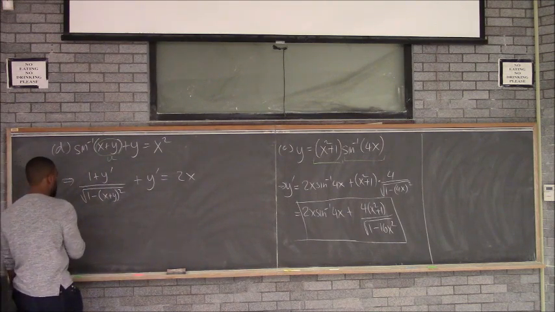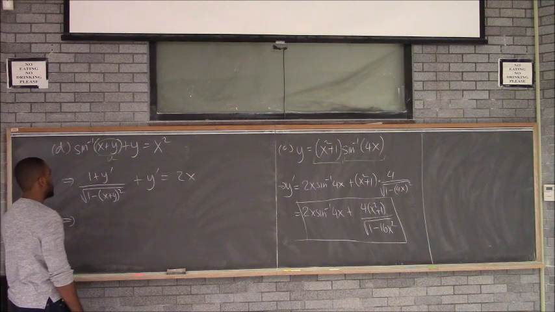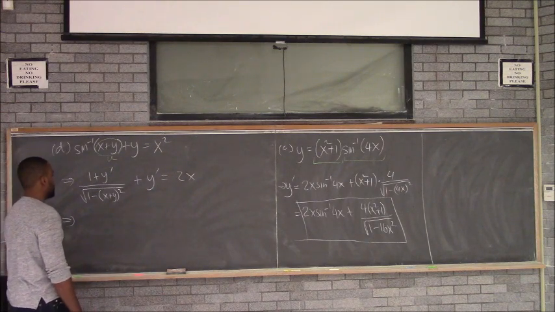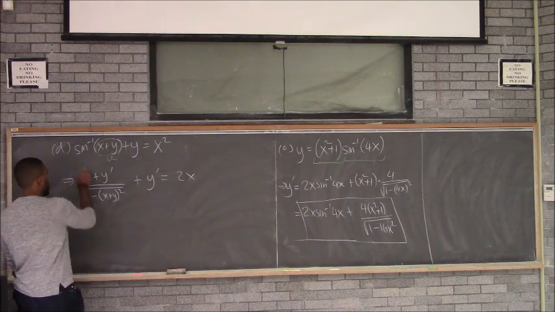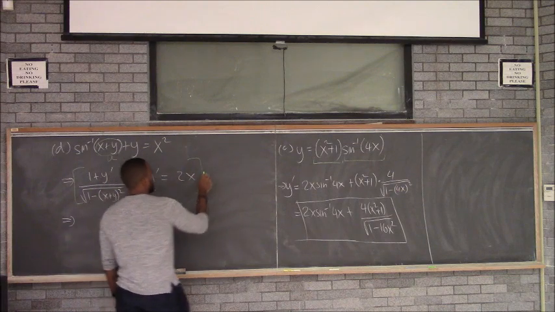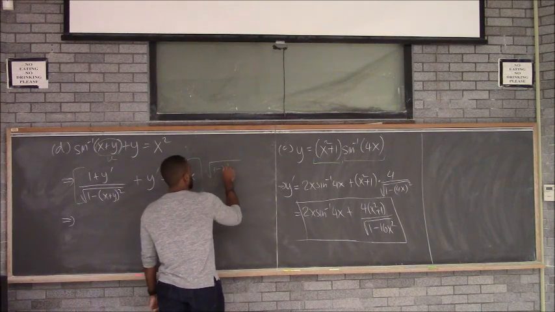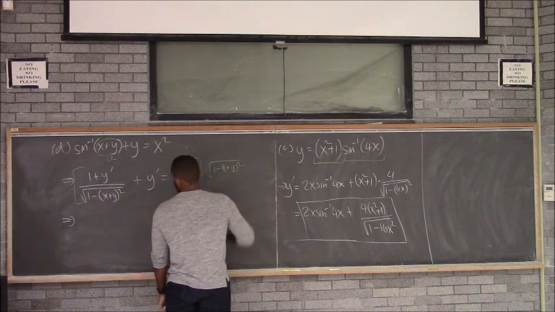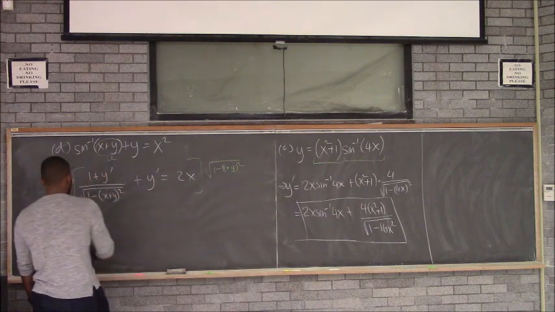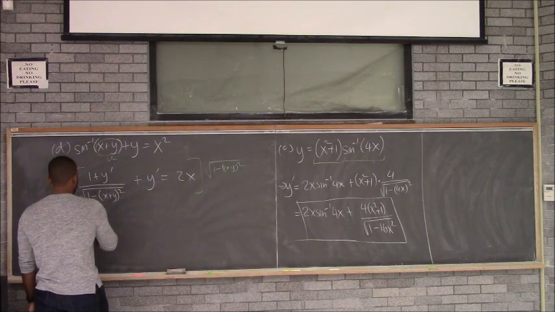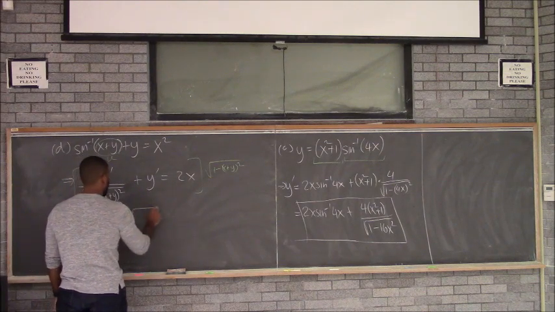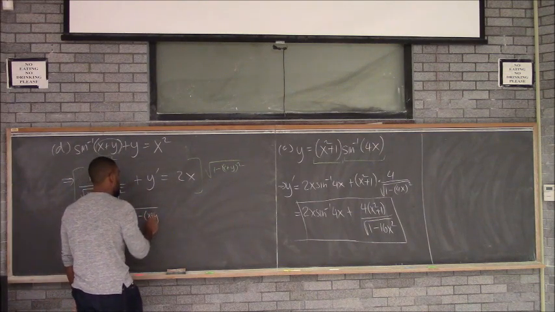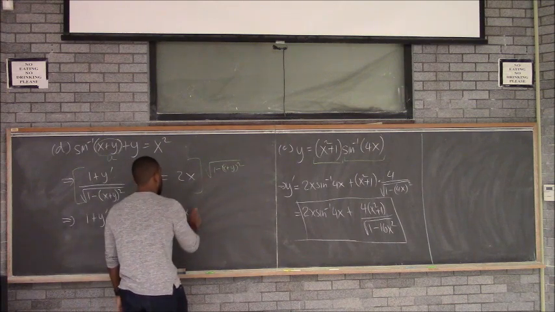I can split this up. Or just to make things a little bit nicer, maybe I can kill the fractions with the LCD. So here I would have 1 plus y prime plus y prime times this radical equals 2x times this radical.